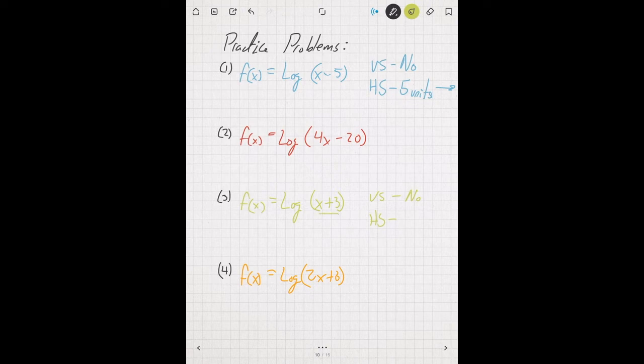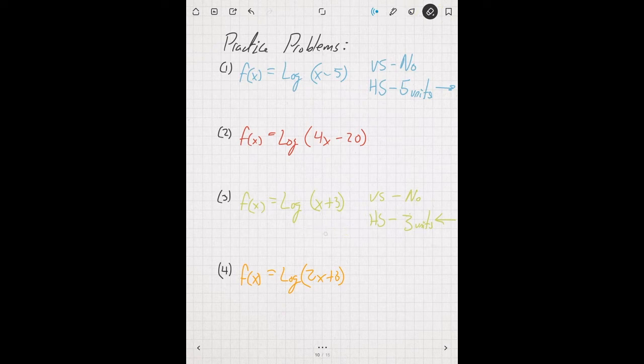The argument is now x plus 3. By the way, that's the same as x minus negative 3. So my hypothesis is that we moved 3 units to the left. I'm guessing that we are now starting in the negative portion of the x-axis.